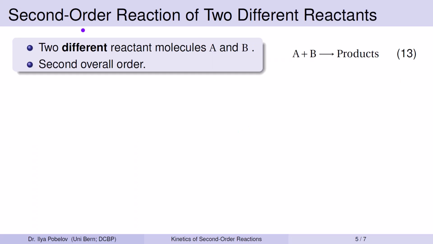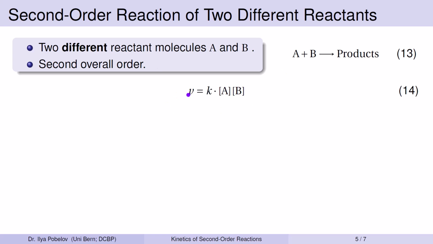And now we will discuss the kinetics of second-order reactions involving two different reactants, A and B. Each of them undergoes first-order kinetics with respect to their concentrations, with the overall reaction order being equal to 2.